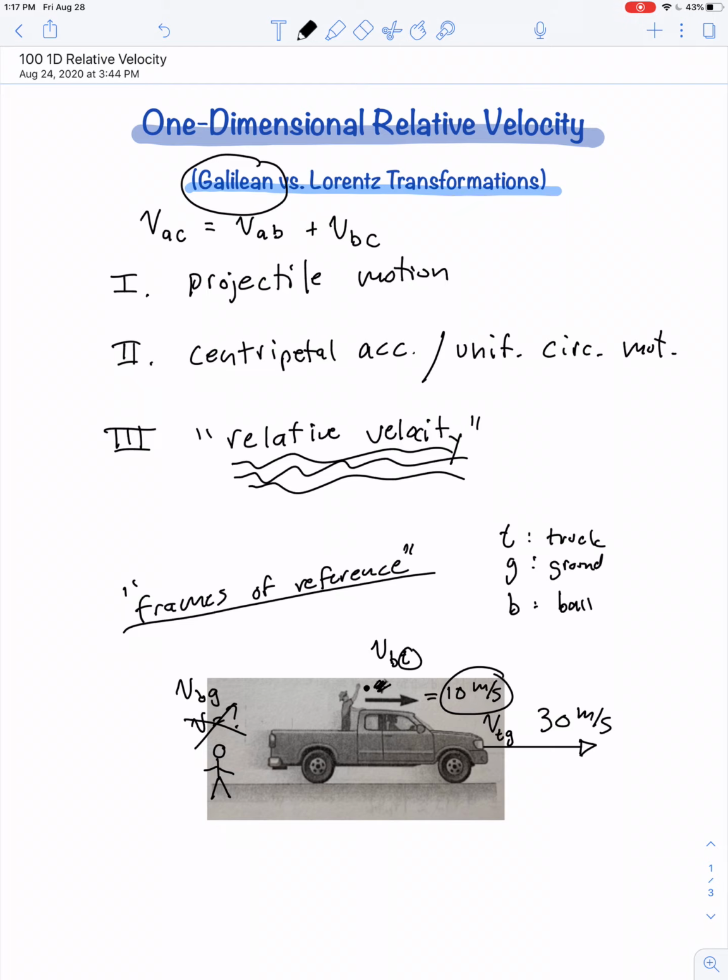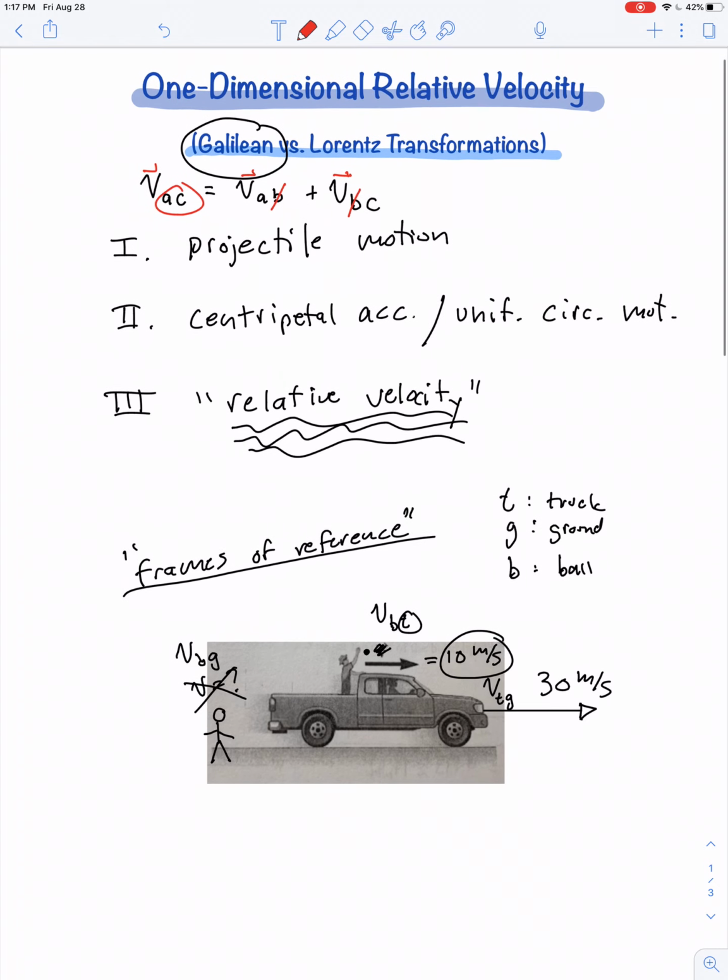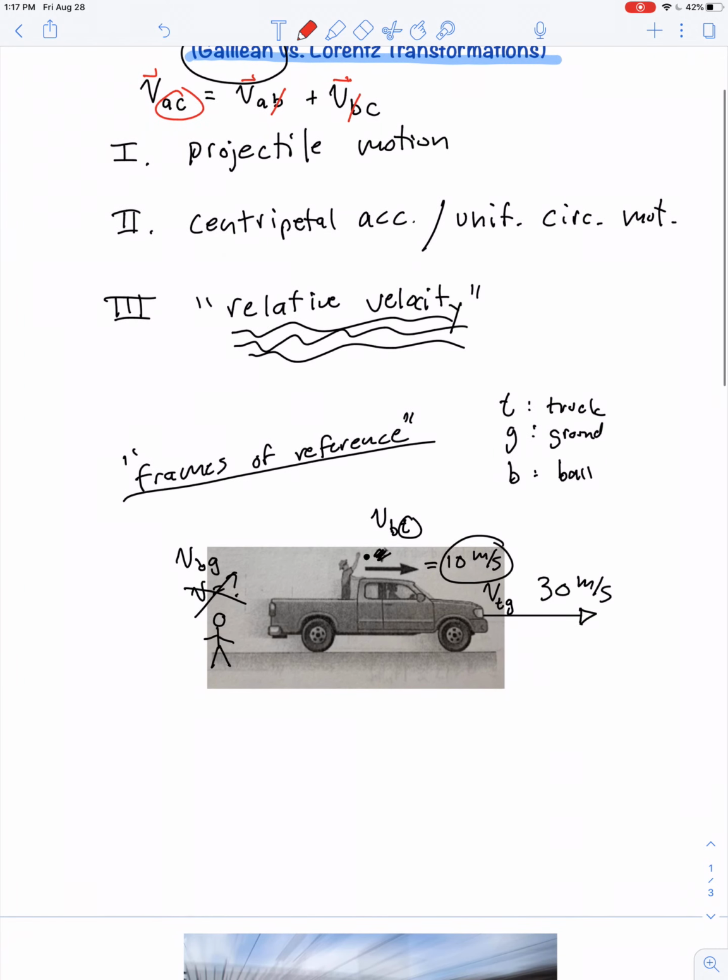Well, the way I look at it, if you state this equation correctly, the linking frame of reference that's in the middle of this equation goes away. So, well, that's not really a good conceptual explanation. Let's just see if we can apply it specifically to this case.